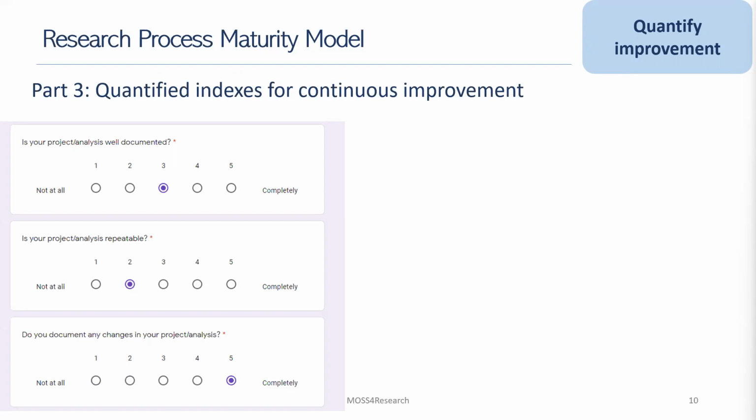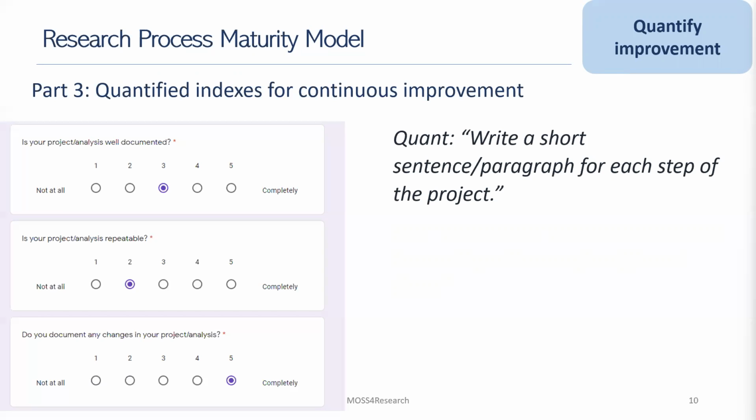And this part has some flexibility. Again, here we provide some examples based on the items we discussed previously. For example, we recommend at least 1 short sentence or paragraph for each step of the project to provide some explanation and description.